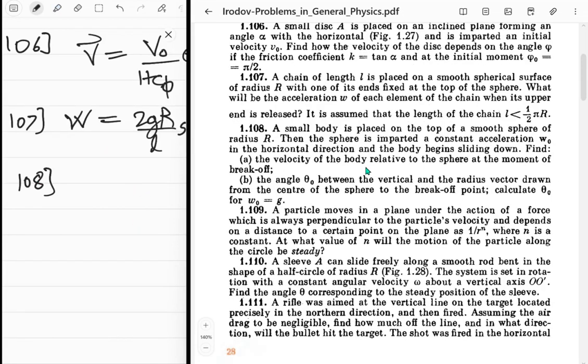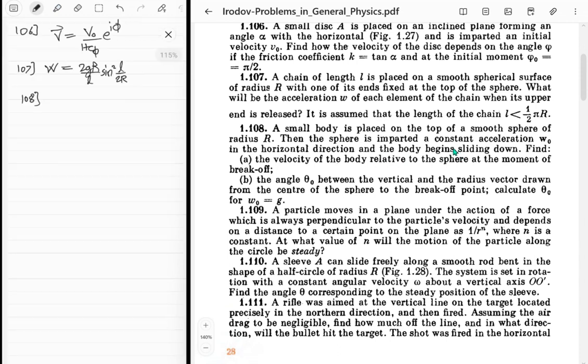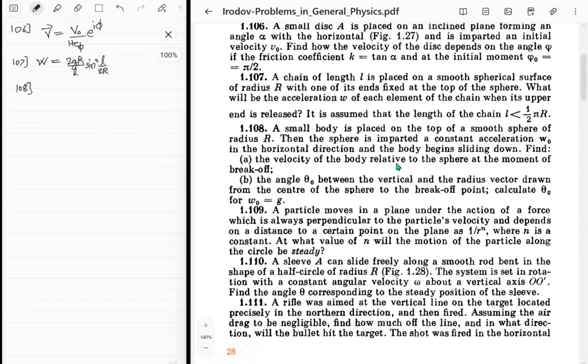Fine. A small body is placed on the top of a smooth sphere of radius capital R. Then the sphere is imparted a constant acceleration W naught in the horizontal direction, and the body begins sliding down. It's acceleration, not velocity, sorry.